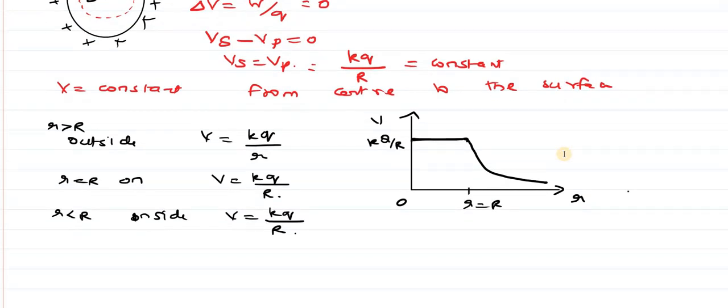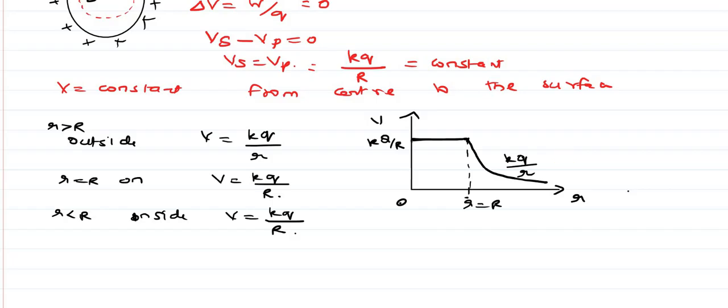So when I draw the graph between V and small r equal to capital R, the value is the maximum, that is kq by R. The same thing holds good from the center to the surface. But beyond that, what happens? It is inversely proportional to small r as the distance increases. So what will happen to the potential? Decreases. So this is the graph for that.